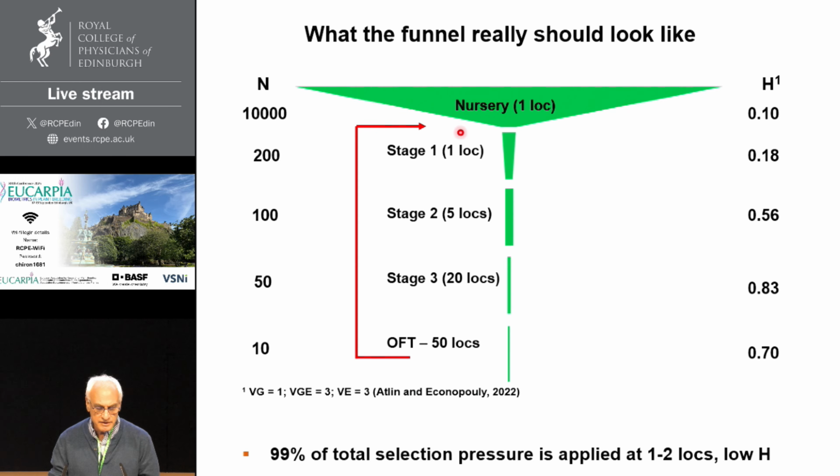Then they'll winnow down very quickly to a few hundred selection candidates and evaluate those in stages, cutting about half each step with increasing levels of replication within and across locations. But about 99% of the total selection pressure is applied at 1 to 2 locations and very low accuracy.